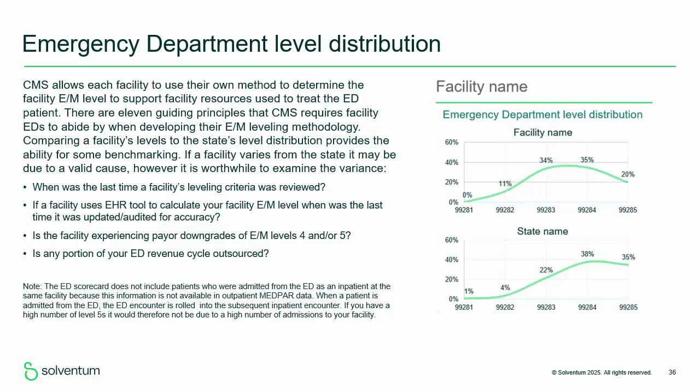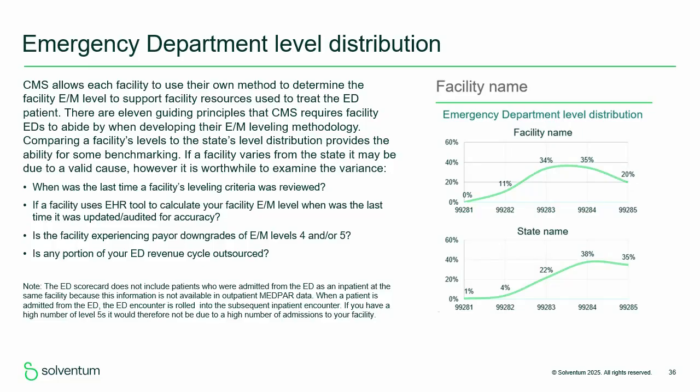Just a few questions. When was the last time your facility's leveling criteria was reviewed? If your facility uses an EHR tool to calculate the level, when was the last time that tool was audited for accuracy or updated? If your facility is experiencing pay or downgrades of E&M levels 4 and 5, why is that?